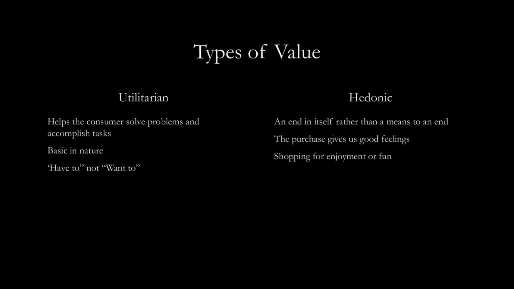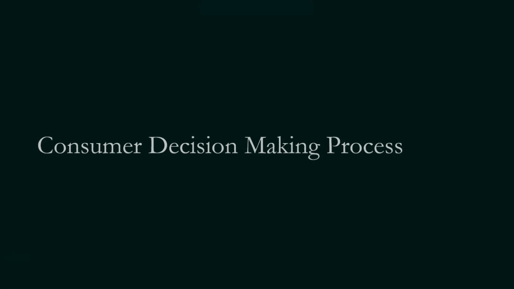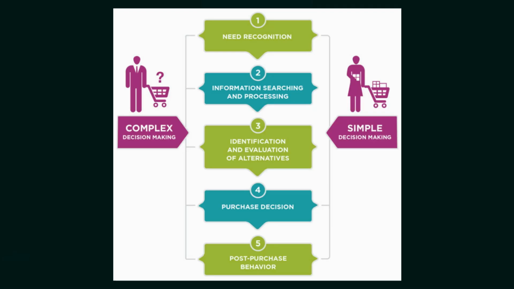This brings us into the consumer decision-making process. When people buy products, particularly new or expensive items, we as consumers follow what's called the consumer decision-making process. These 5 steps: need recognition, information search, evaluation of alternatives, purchase, and post-purchase behavior, represent a general process that can be used as a guide for studying how consumers make decisions.